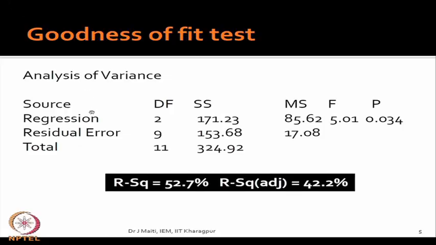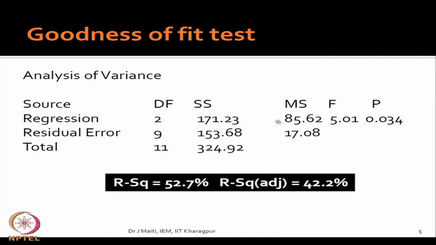So, here using R square, or this SST and SSR, you are creating an ANOVA table. You see the ANOVA table, analysis of variance: source, regression, residual error, total. Degrees of freedom: there are 3 parameters to be estimated, so 3 minus 1, 2. Residual error is 9 because total degrees of freedom is 11, 11 minus 2, that will be 9, and the sums of squares 171, 153.